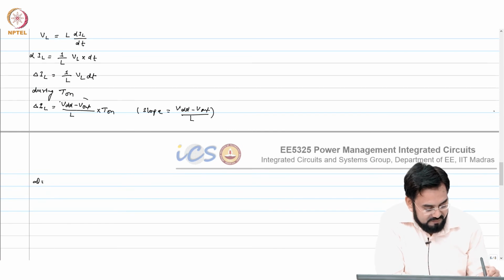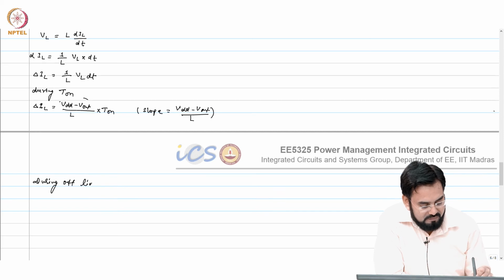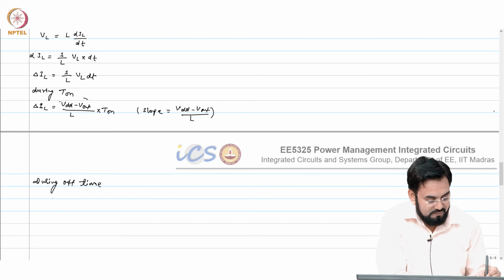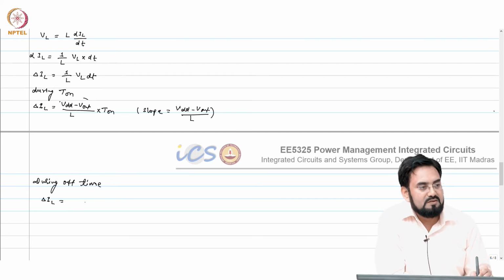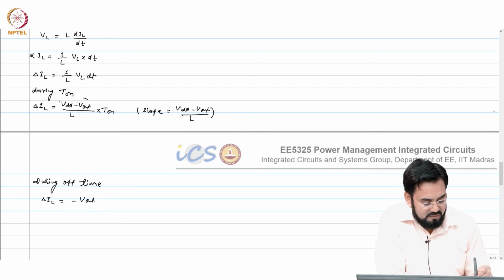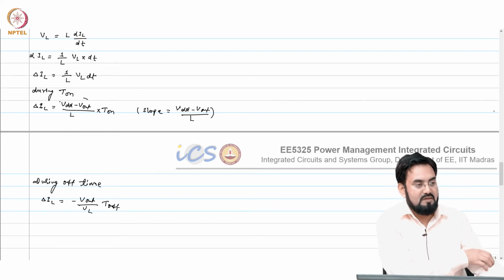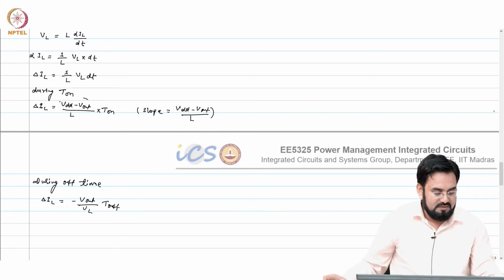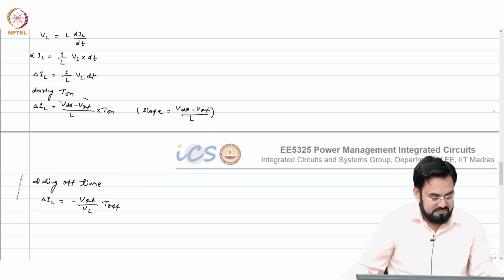During off time, it is minus V out over L into T off, correct.